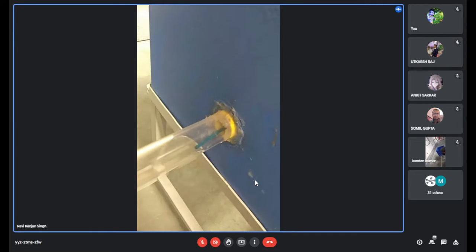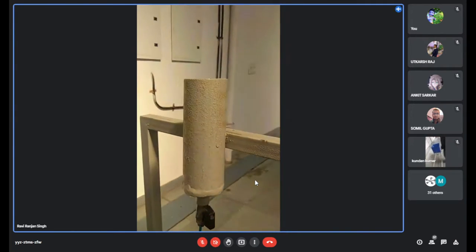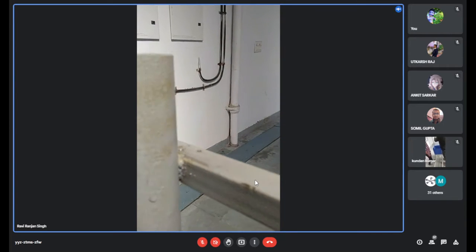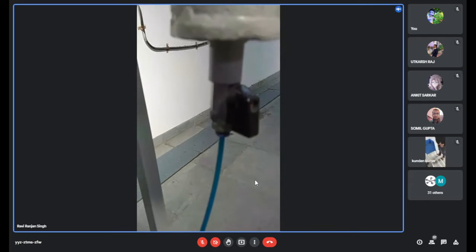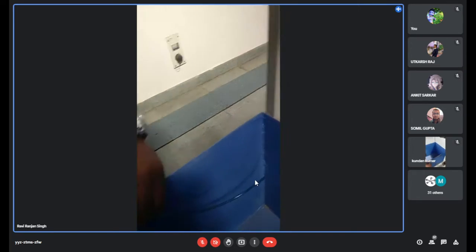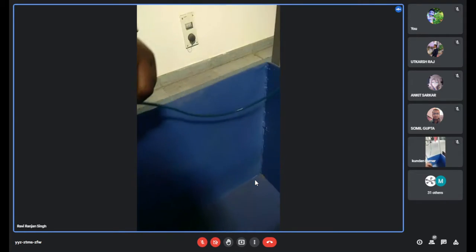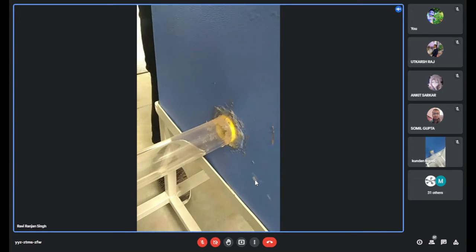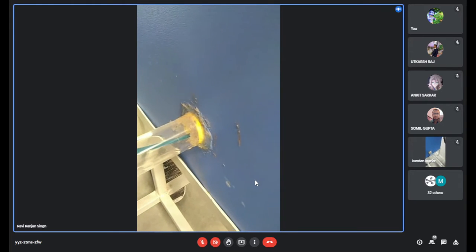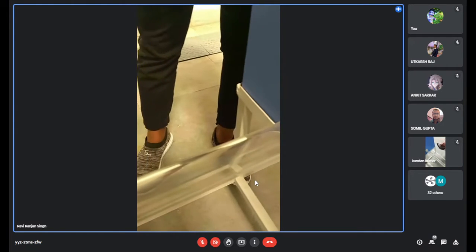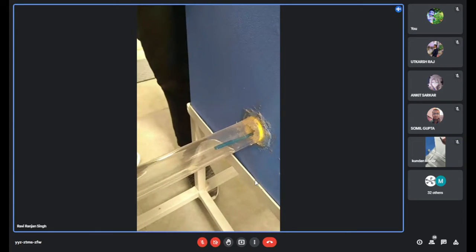And here is a tube in which we fill the dye, and the dye comes from this small pipe and is inserted in this pipe. When we do the experiment, the water will flow with the dye.